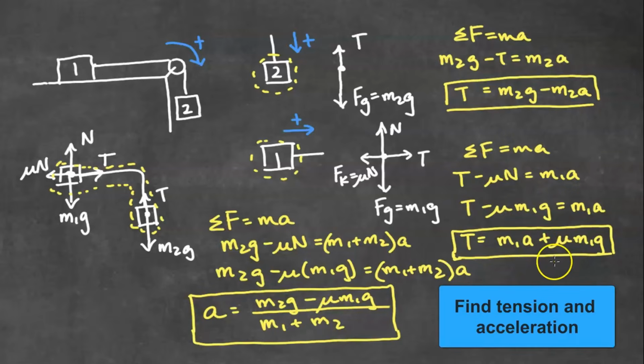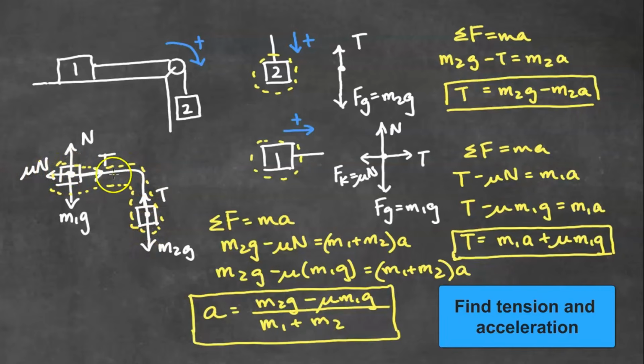Now, if we want to solve for the acceleration, we don't know the tension, here's what you can do. You can make both of these blocks your system, and we're going to apply net force equals ma. So what net forces are acting on your system? There is a normal force and there's m1g, but these two are going to cancel out. So the two forces are m2g and mu N. Normally our axis is straight, but you can think of the pulley as bending our axis.